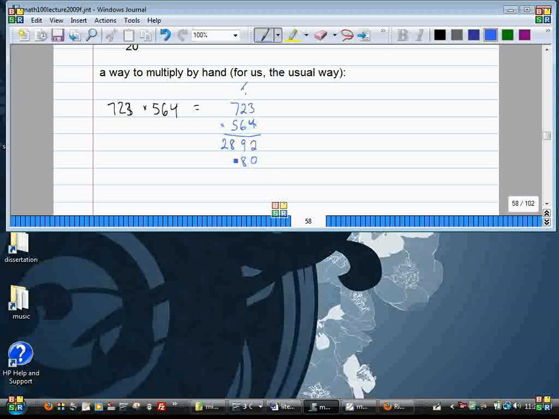Yeah, 3, carry the 1. Now, 6 times 7, which is 42, plus that 1 is 43. So what's the number? 4338.